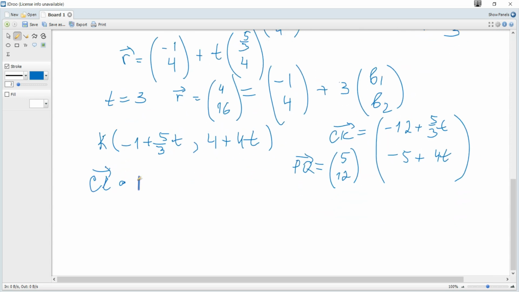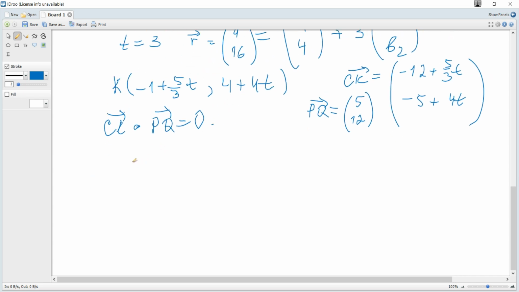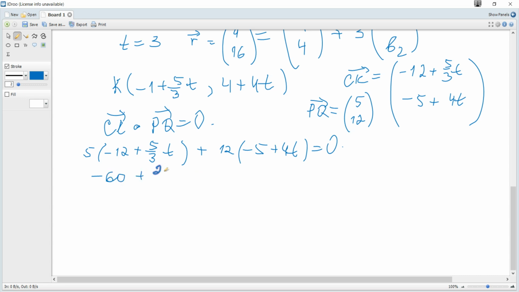CK dot product PQ should be equal to 0, and dot product is x by x plus y by y, so it becomes 5 times (-12 plus 5/3 t) plus 12 multiplied by (-5 plus 4t) should be equal to 0. And it becomes negative 60 plus 25 over 3 t minus 60 plus 48t equals 0.